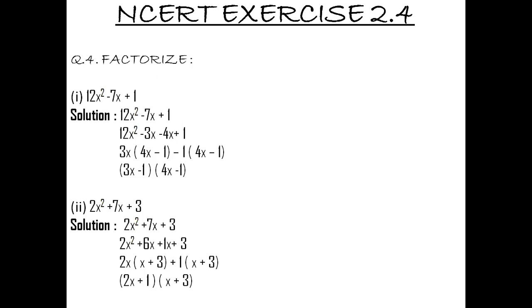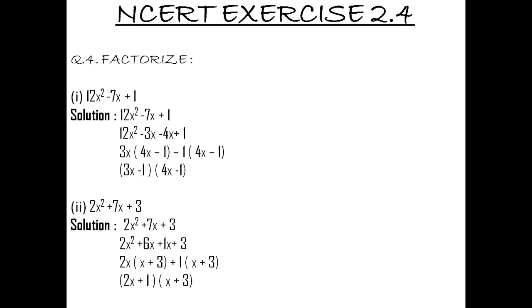From the first pair, I could take 3x as common out of 12x squared minus 3x. So 3x is common. So what am I left with inside? 4x minus 1. Similarly, in the second pair, that is minus 4x plus 1, what is common? 1. So the minus sign stays there and 1 is the common factor.